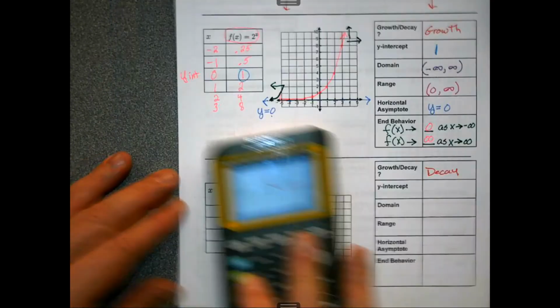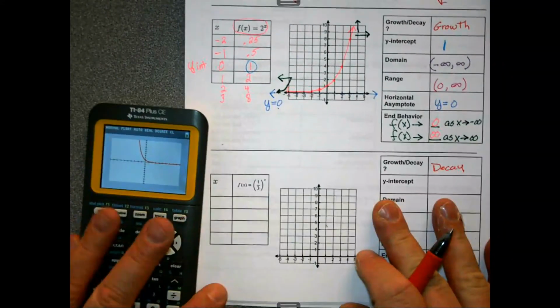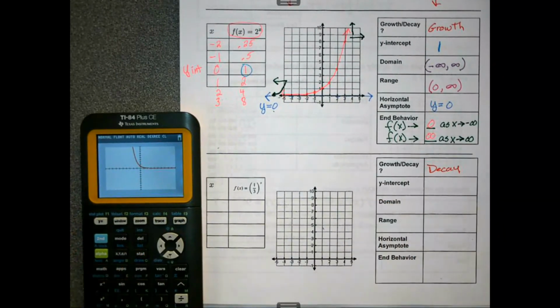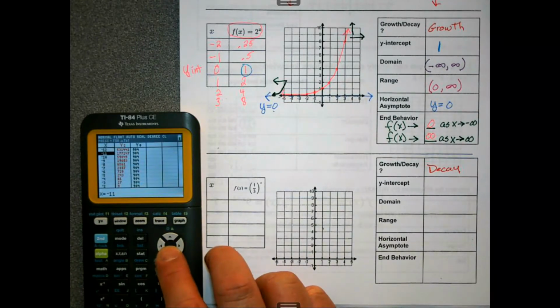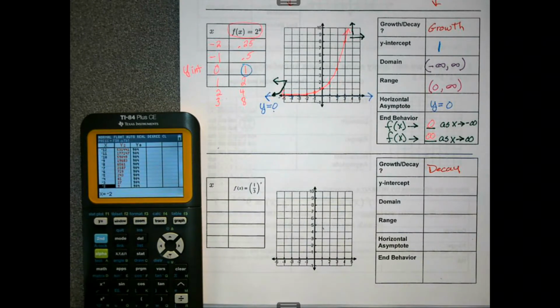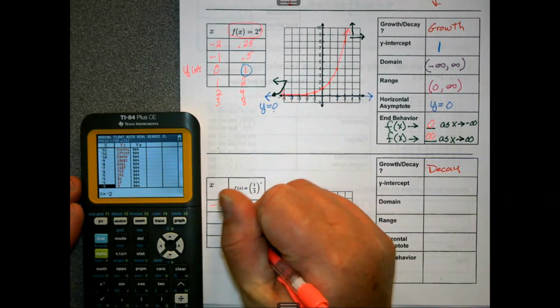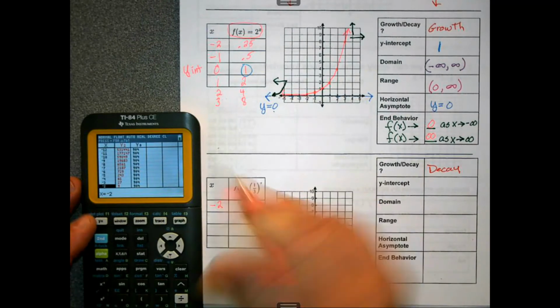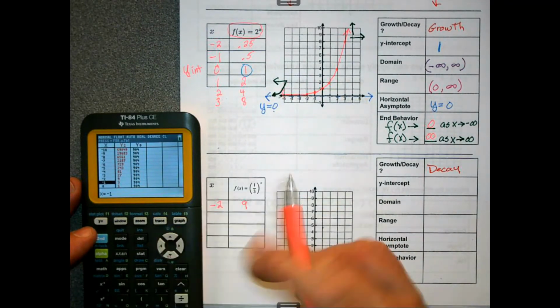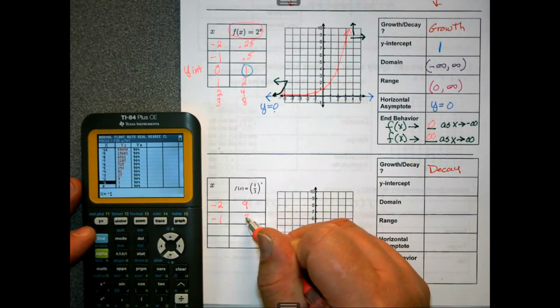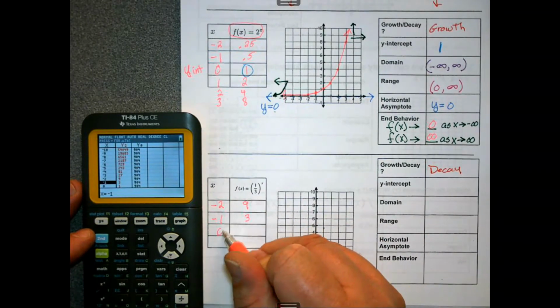Okay, let's get some numbers so we can graph it. Some ordered pairs. Second graph. Let's see. Oh, here's a good one. -2, 9, -1, 3, 0, 1.